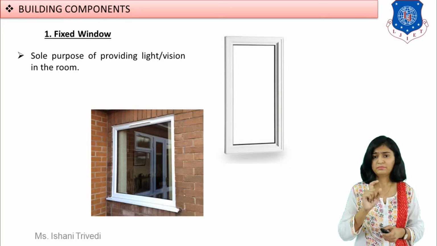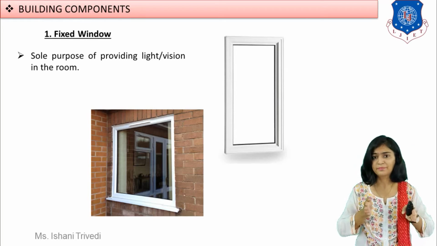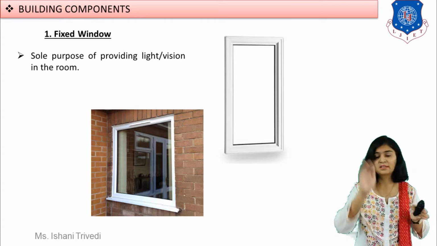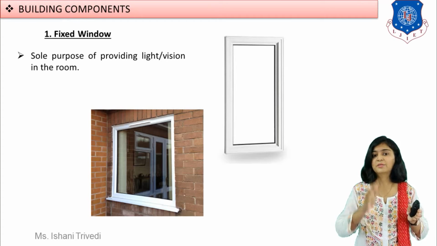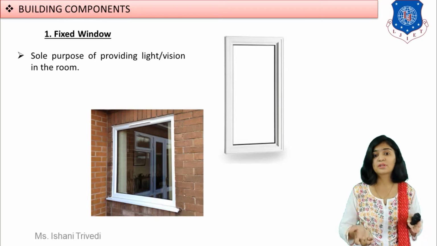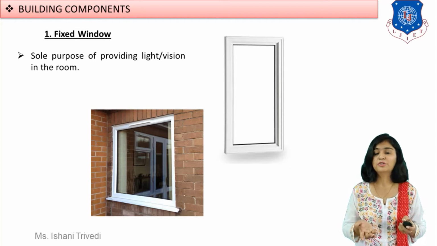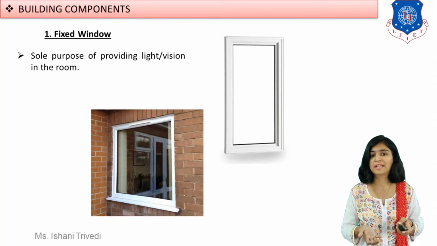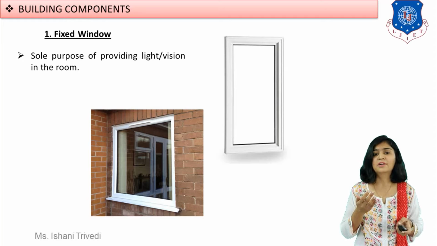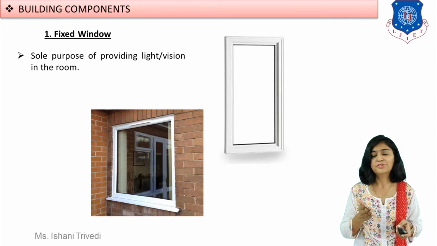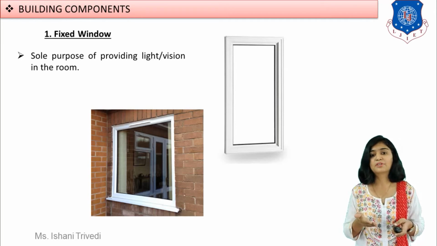It means it will have a frame, it will have top rail, it will have bottom rail, and it will have a glass, because it is for lighting purpose only. So it is mandatory to provide glass over here. Because of that only you will have lighting. Another picture on the right which you can see is also an example of a fixed window.